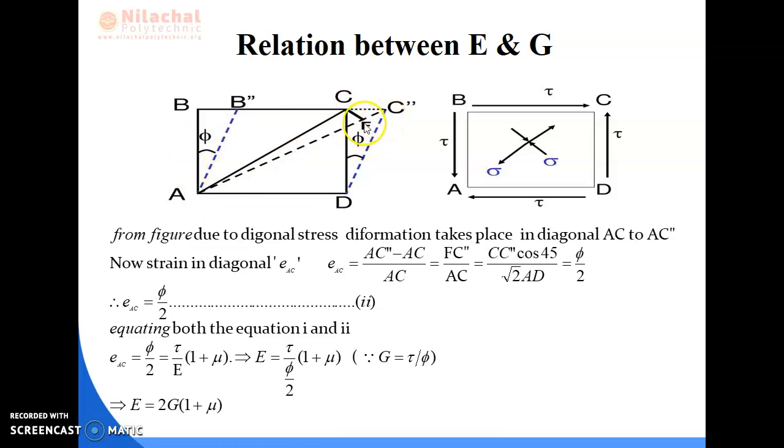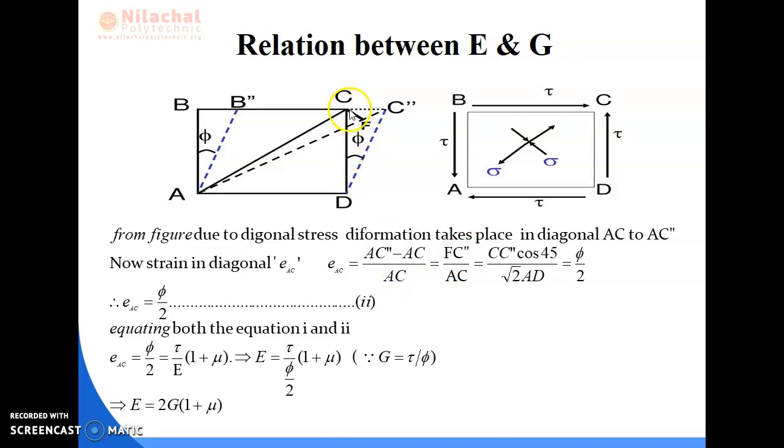Now we are getting AF is equal to AC. Now the rest of the increase in length is equal to FC double dash. So AC double dash minus AC is equal to FC double dash by AC.